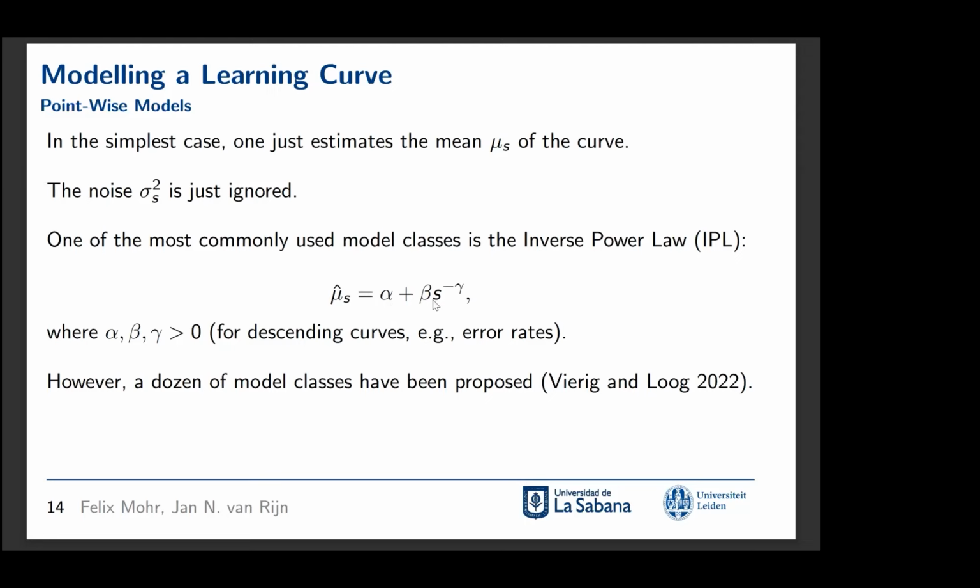And alpha basically controls the plateau, and beta and gamma somehow control the rest of the shape of the curve. Okay, but that's one model. A lot of others have been introduced over the last years. Jan will have a more complete overview of them.